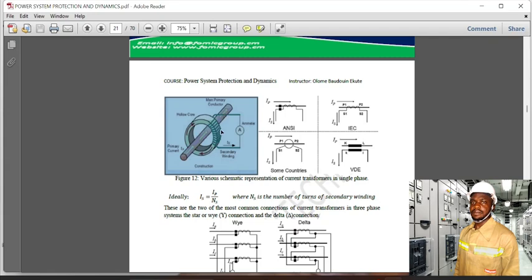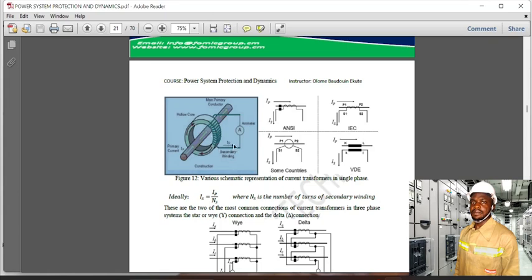Then around that core, you have a winding wound around it. As the current carrying primary conductor carries current, a magnetic field is produced around it, and this links and cuts the windings on that hollow core, and so it produces a secondary current.